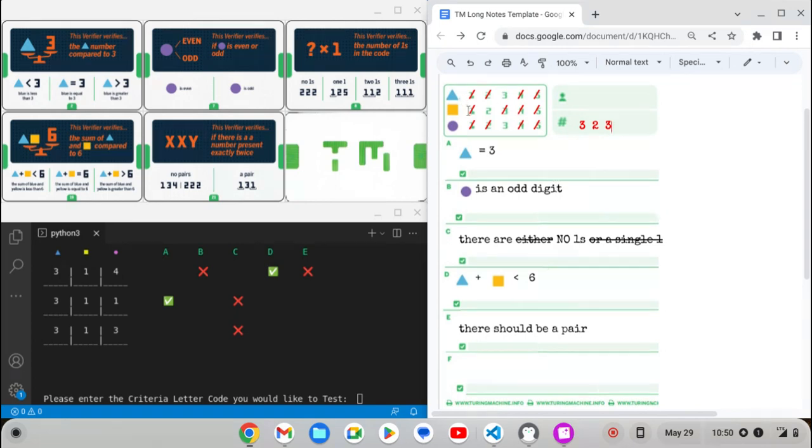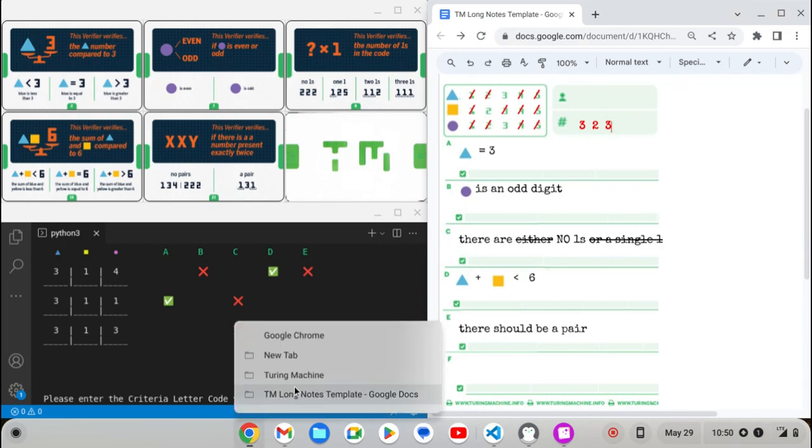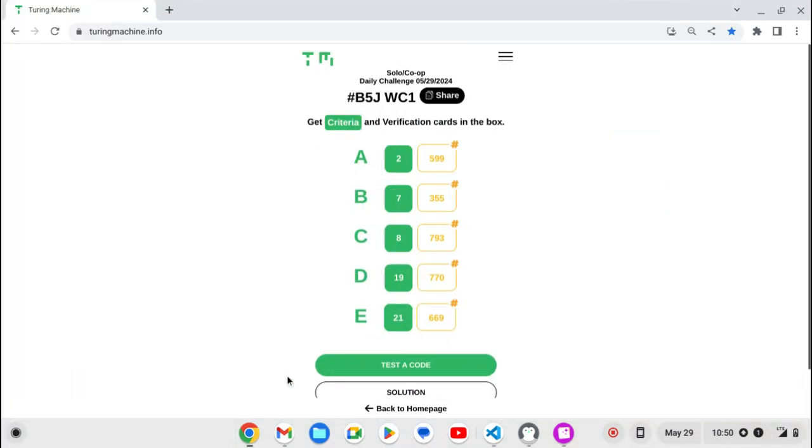So that means square can be a 1 and circle can be a 1. And the sum of the first 2 are less than 6, and there should be a pair. So everything looks good. So let's go to turingmachine.info and verify our solution of 323.